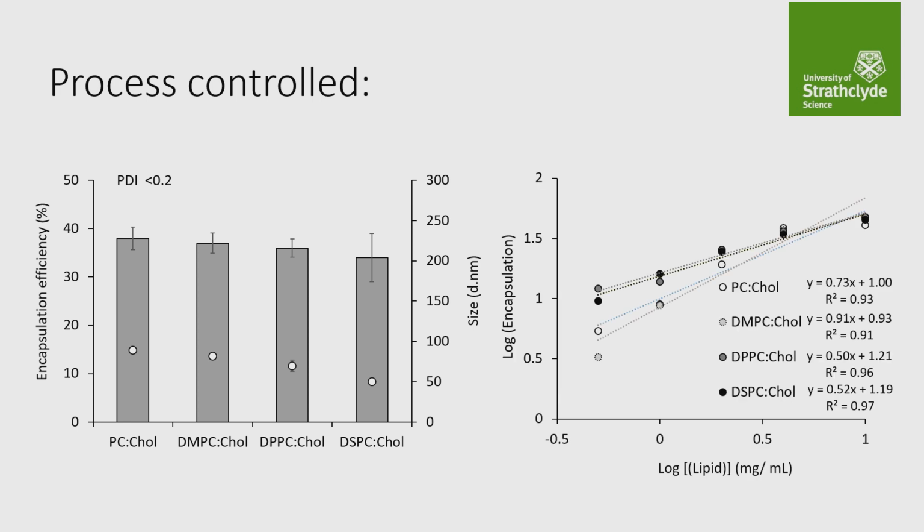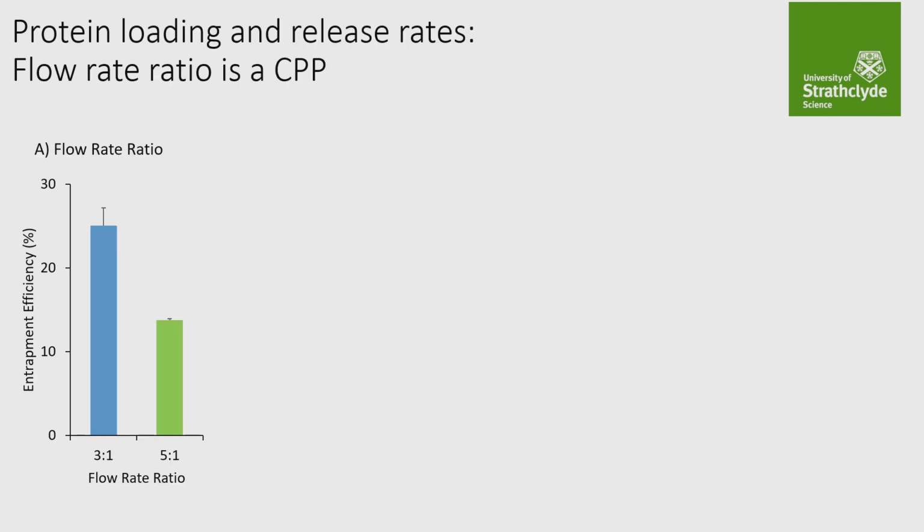And if you plot the graph of log encapsulation versus log lipid, you're really looking to see if there's a correlation here. If there was, then we would say that it's more driven by the phospholipid. But actually, you can see here that R values are quite low and the gradient's quite low. So it's actually driven by the production system and not our lipid concentration, which is good to know.